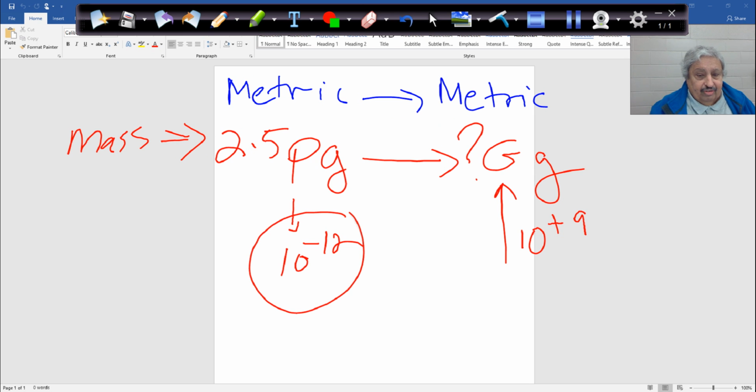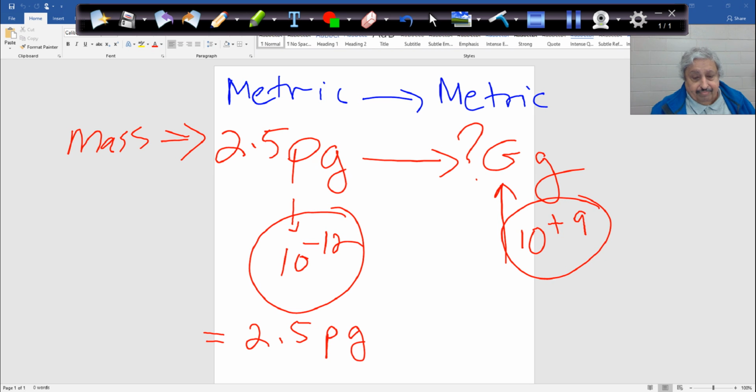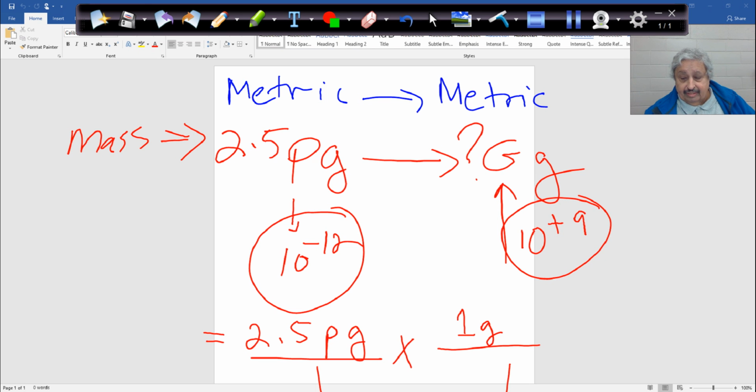I know the value of pico, and I know the value of giga. So I say it's 2.5 picogram over 1. I have to go through the basic units, and then I have the unit 1 gram here. The pico is picogram, remember, that's 10 to the minus 12.